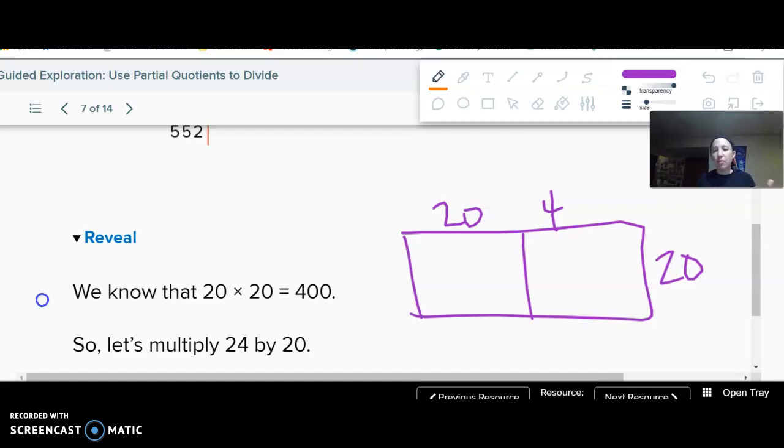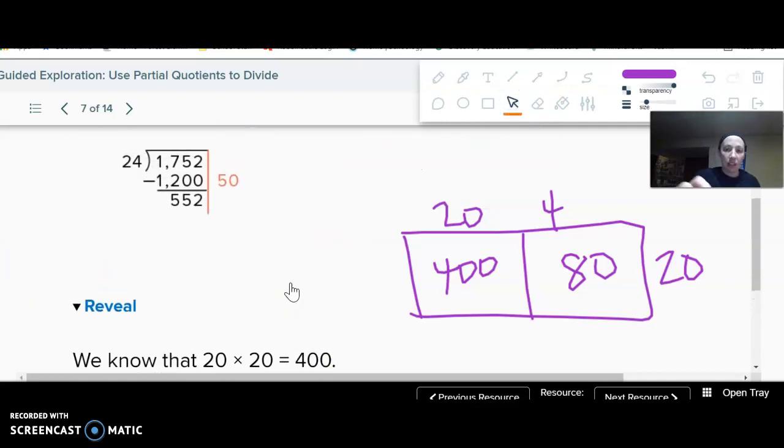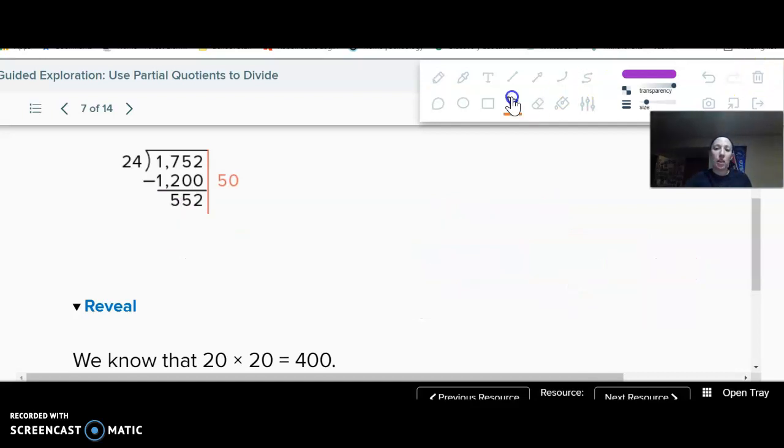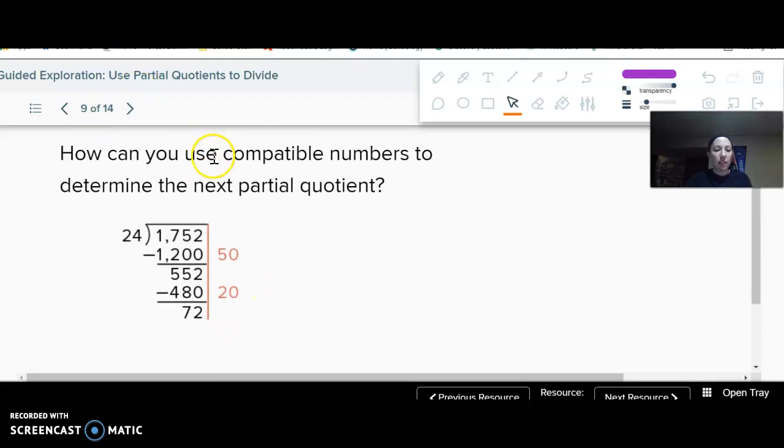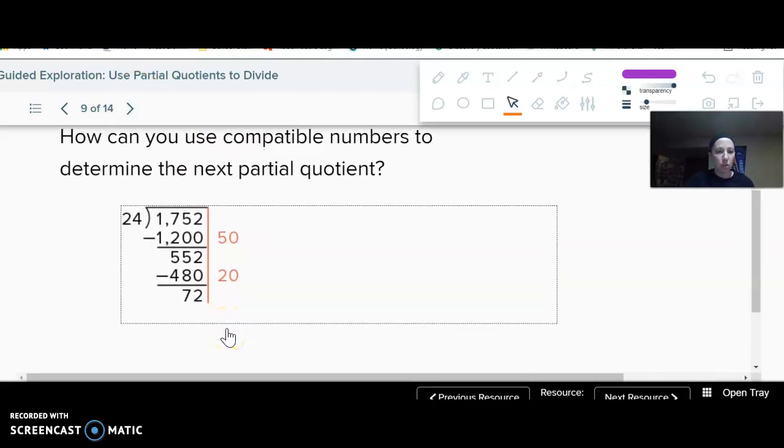If you're not close enough, you could still do it and subtract, and then you'll just have to take more groups out. 480, so we get 480. Then like before, we'd write it here, subtract, this is 20 groups, 2, 4, 72 is what we'd have left. So after we subtract, we get 72 left. We took out another 20 groups.